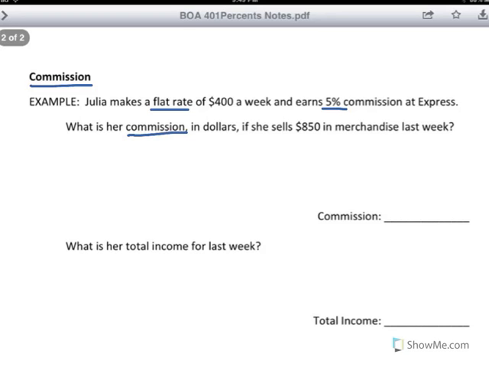So if she makes 5%, we're going to use our is over of equals percent over 100 proportion. So we're talking about some percentage in dollars of her $850 sales. So the $850 is her total sales, and this is going to be out of 5%.